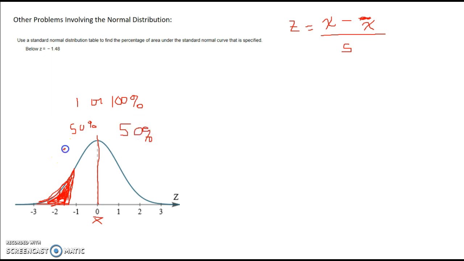As a decimal, that's 0.5, and this one is 0.5 as well. So this whole side is 0.5, or 50%. But I want to find just the area past -1.48.